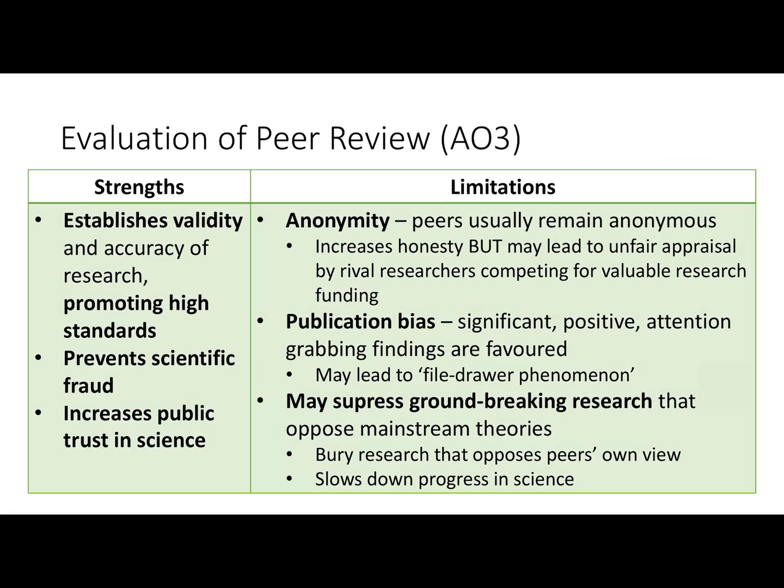So for example, if I submitted a manuscript that showed Baddeley's ideas about the working memory model were wrong, then Baddeley, receiving this manuscript, might just flat out reject it due to his own conflicts and his own agenda. And so the fact that it is kept anonymous can pose problems. If you're sending work to rival psychologists, they might not give a fair appraisal.